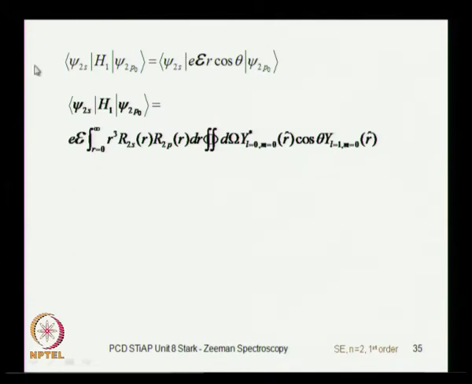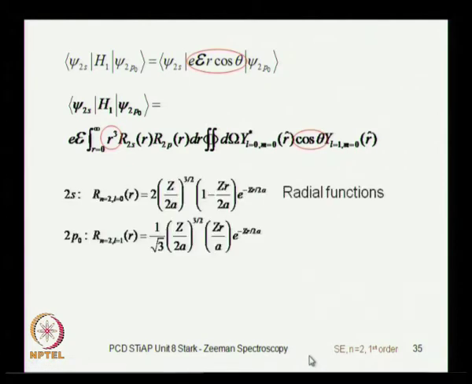So let us get the matrix element explicitly. We have already done part of this integration, in which the phi integration we have already carried out, and you have the integration over r, in which you have an r cube over here. The integration over theta will include this cosine theta, and you can plug in the radial functions for 2s and 2p0, these are known.